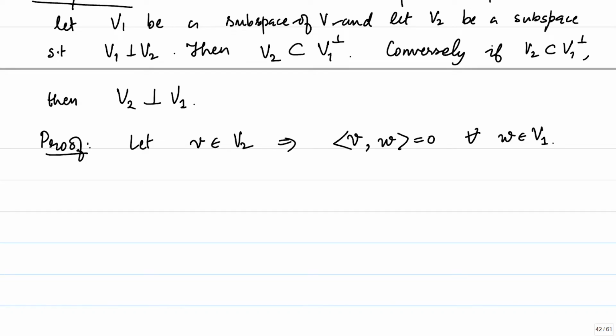But if you just go back to the definition of what it means for a vector to be in the orthogonal complement, it means that it should be orthogonal to every vector in V1. And this gives that v should be in the orthogonal complement by the very definition.